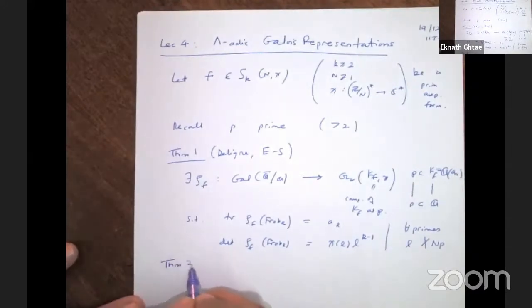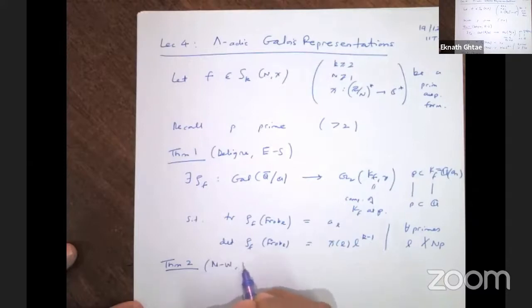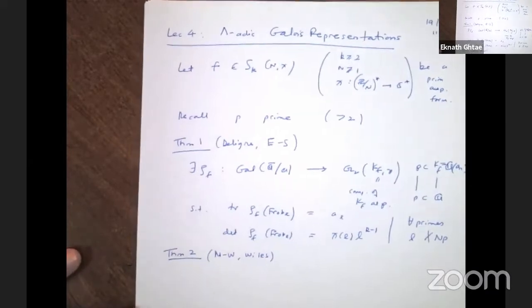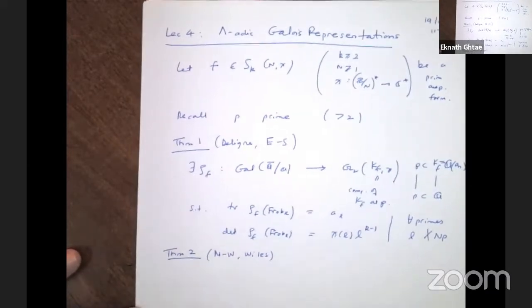And the second fact, which was due to Mazur-Wiles in the elliptic modular case, which we're working in, but then Wiles in the Hilbert modular setting. And since there was another course by Professor Chandrakant on Hilbert modular forms, let me also mention the Hilbert modular version here, though I'm not stating it here, but it's the reference.